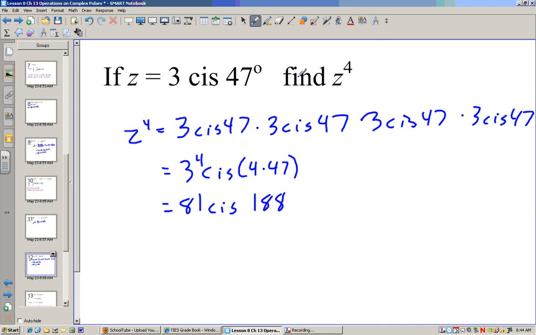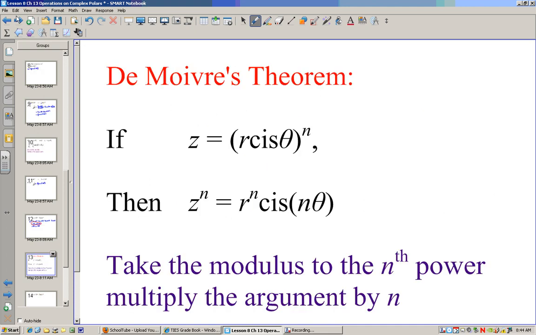So I think we could actually look for a pattern best in this situation. z to the fourth is going to be our modulus to the fourth, CIS 4 times our argument. And that's de Moivre's theorem. Take the modulus to the nth power, multiply the argument by n.